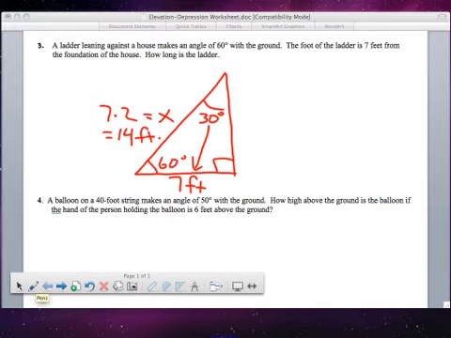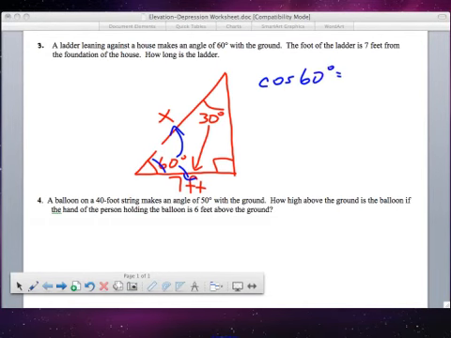So again, the foolproof way to do these problems, in other words, the way that will always work, is to use SOHCAHTOA. So suppose I don't recognize it's a 30, 60, 90. Well, here's my angle. I have my adjacent side, and I want to know my hypotenuse. Adjacent, hypotenuse tells me to use cosine. So cos 60 equals adjacent over hypotenuse, cross multiply, 7 equals x times cosine 60.